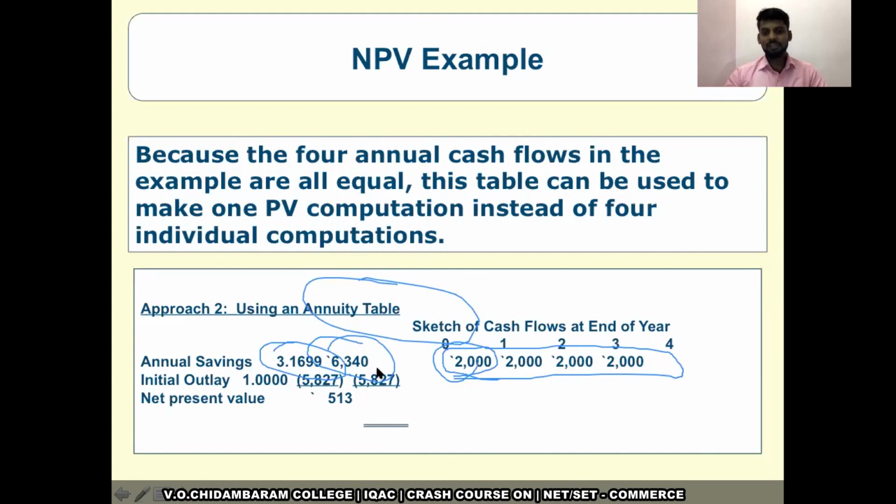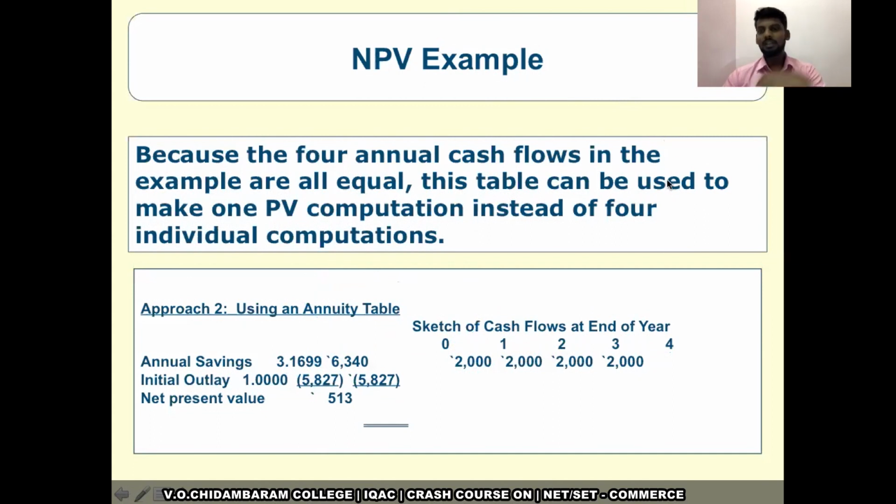When you reduce that from your initial investment of 5827, again you get 513. It is the same thing. If the cash flows are the same throughout the years, you can use the annuity table. If they are not the same, then go ahead with the formula I said earlier.